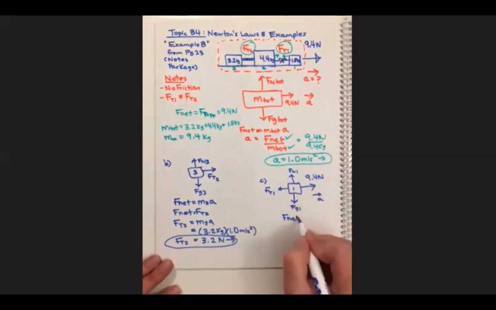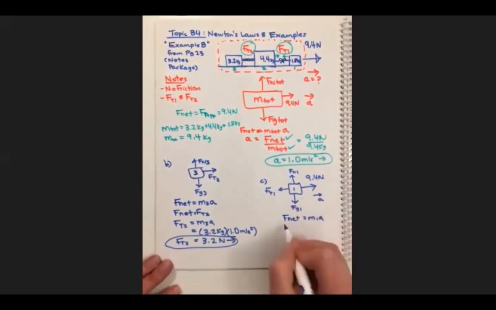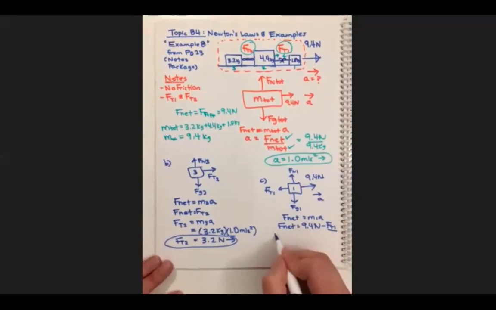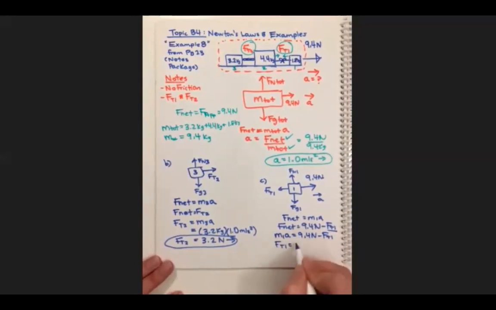F net equals M1A. F net also equals 9.4 newtons minus FT1. I'm trying to solve for FT1, so I'm going to set this equal to that. M1A equals 9.4 newtons minus FT1. And now I simply rearrange for FT1: 9.4 newtons minus M1A.